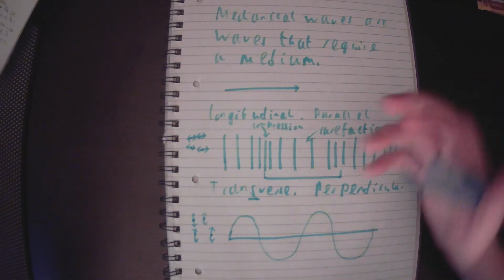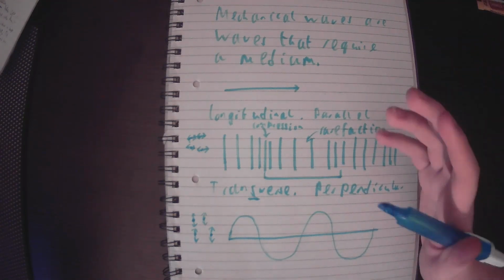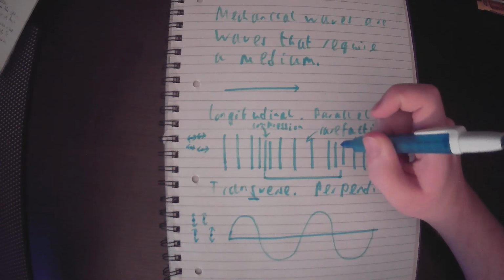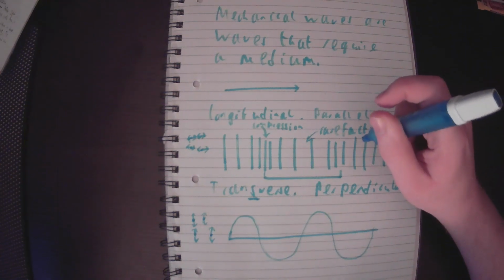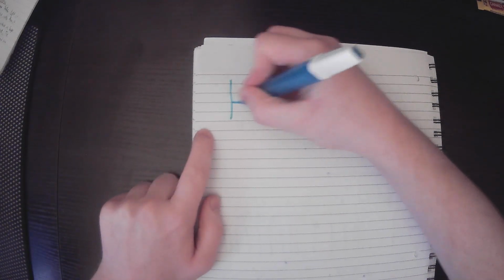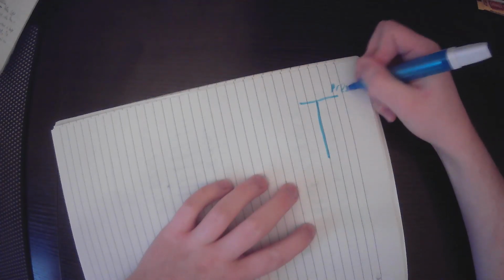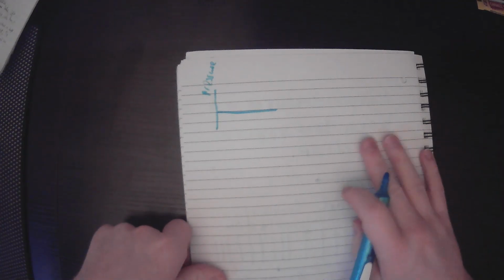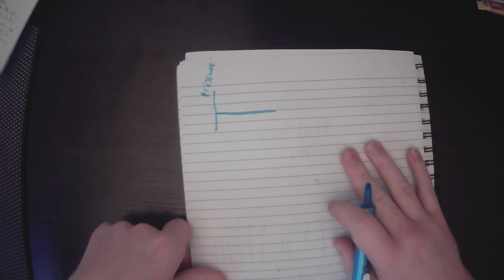So yeah, I think that all makes sense. If we want to represent particles being at equilibrium on a longitudinal wave, what we need to do is make a graph of displacement. Sorry, do we want pressure?